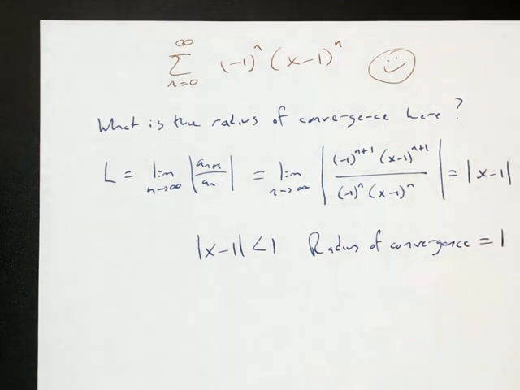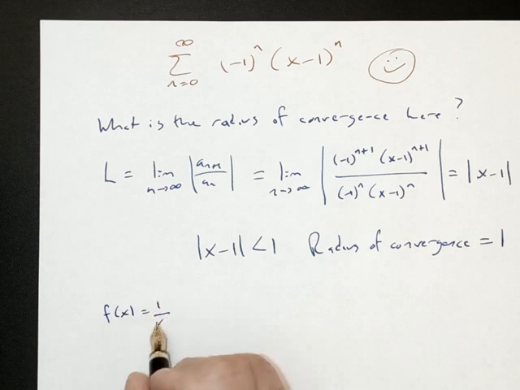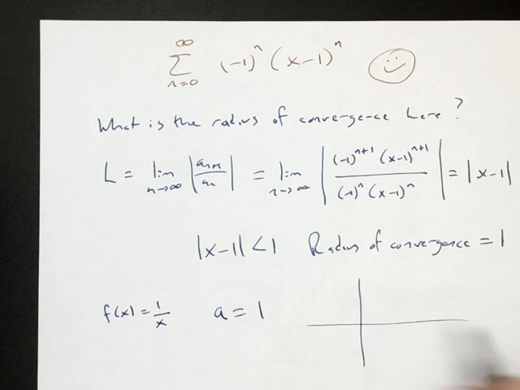Now, here's a sneaky thing. What function was this? What was the f of x I started with for this example? 1 over x. And we centered it at 1, right? If you were to draw the graph of 1 over x, what would happen at 0?